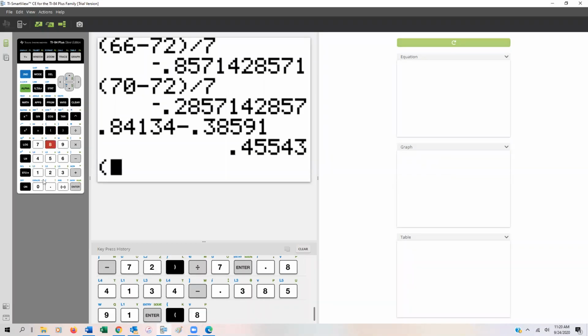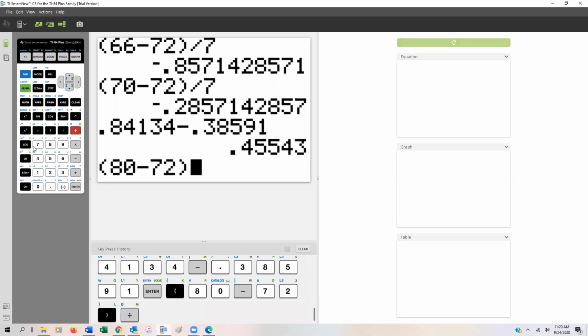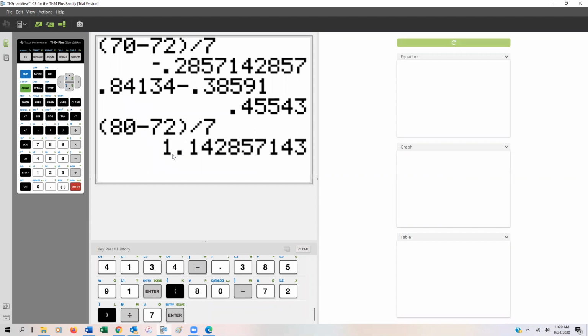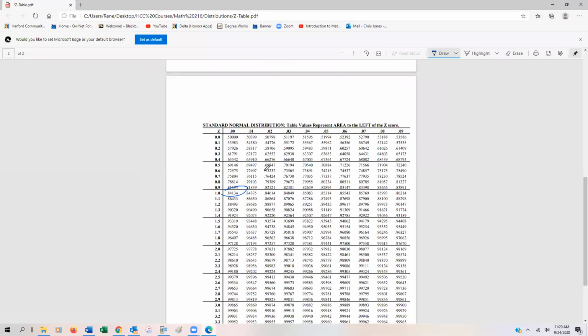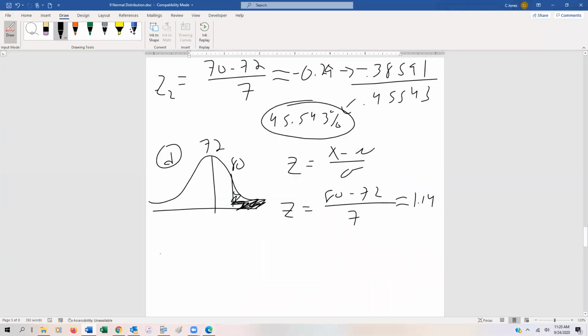So we're going to have 80 minus 72, and we're going to divide that by 7, and 1.1428, so it is indeed 1.14. Last thing we're going to do, we're going to look it up. So we go to 1.1, which is right here, and then we go to 4, 0.87286. So that means it's going to convert by the table to 0.87286.